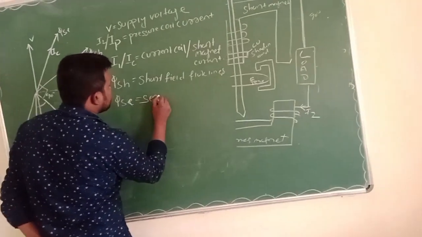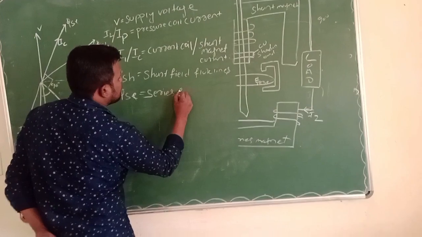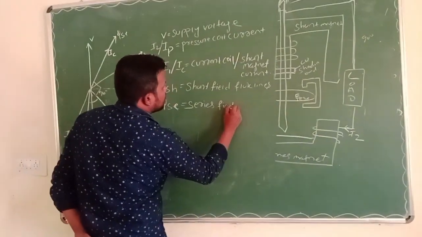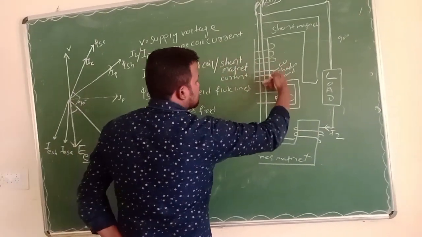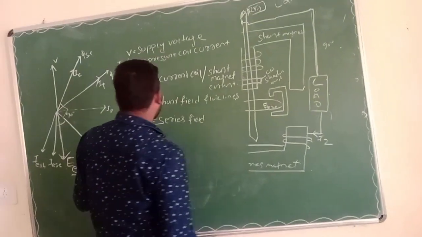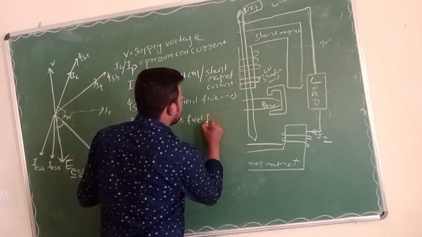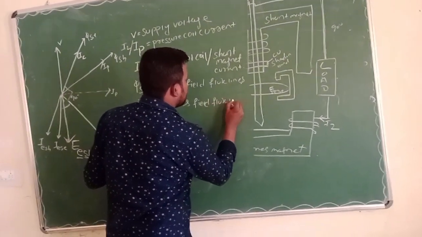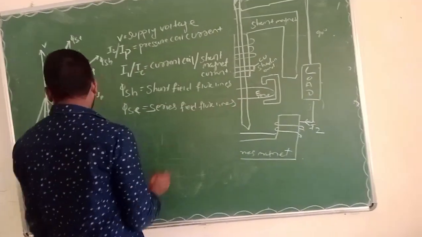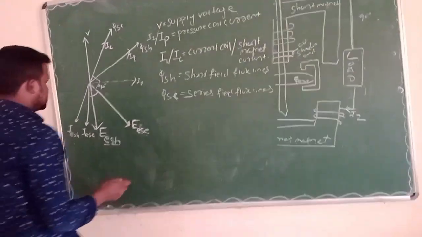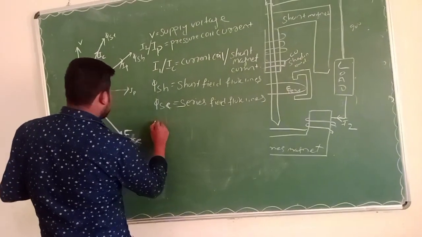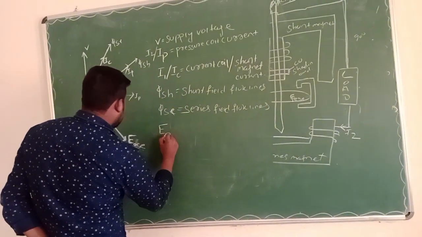Phi SH should be the shunt field flux line, and phi SS should be the series field flux lines.